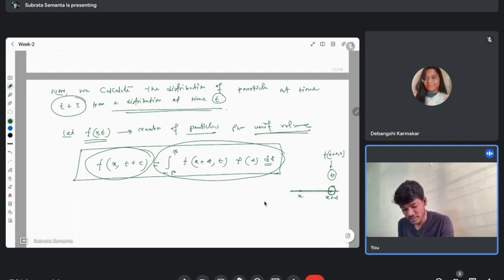These distributions evolve to f of x, t plus tau.